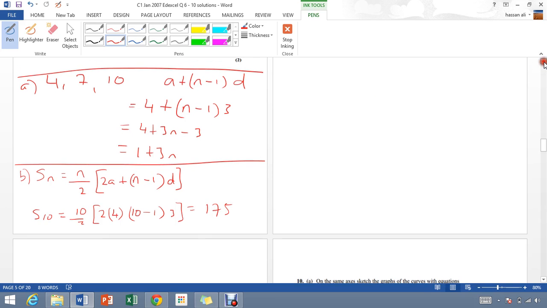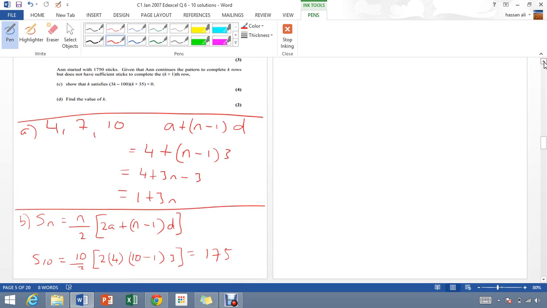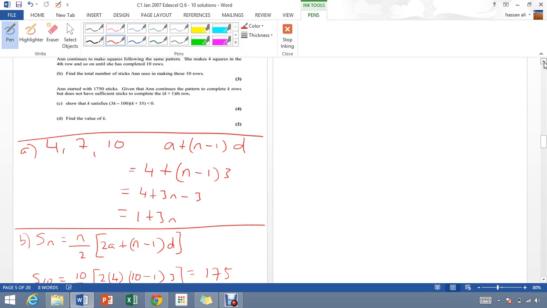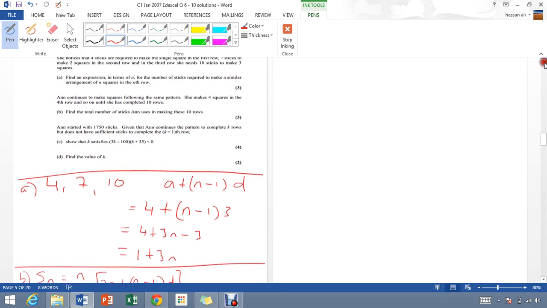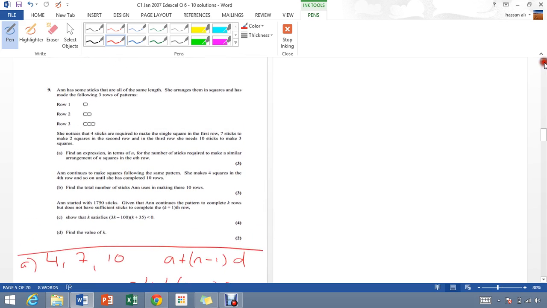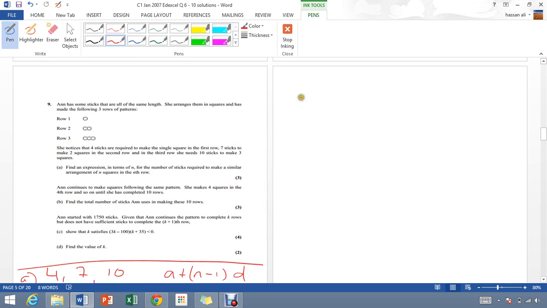Part C is asking you, Anne started with 1,750 sticks. Given that Anne continues the pattern to complete k rows, basically she doesn't have enough sticks. So what we're trying to say is that the sum of your k terms has to be less than 1,750, because she hasn't got enough.